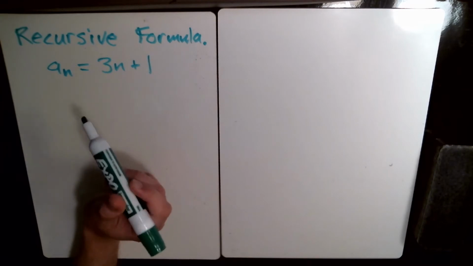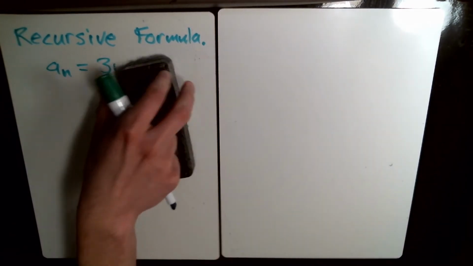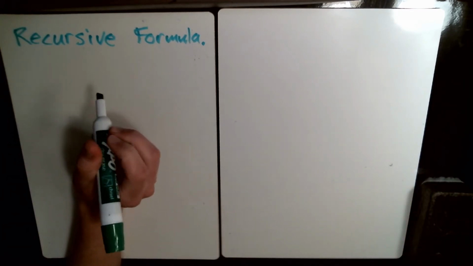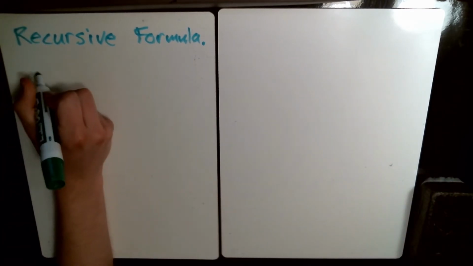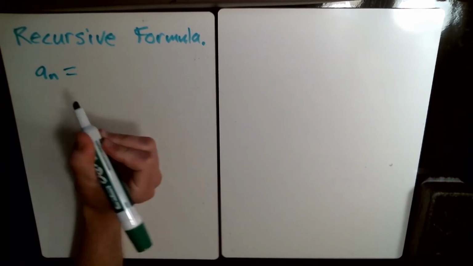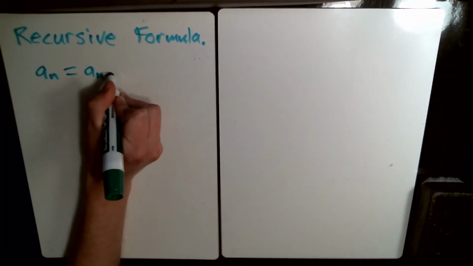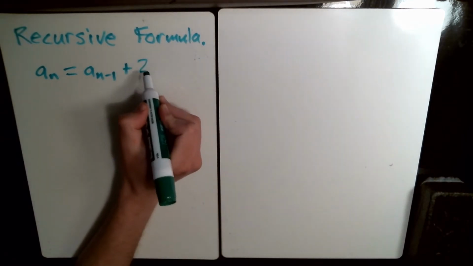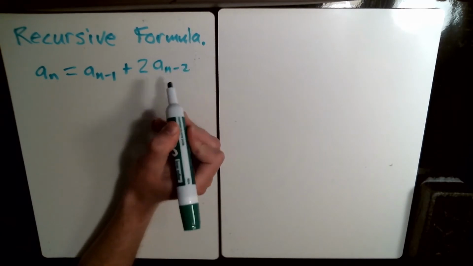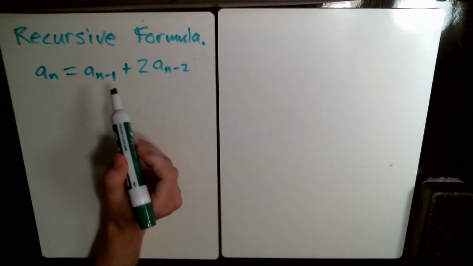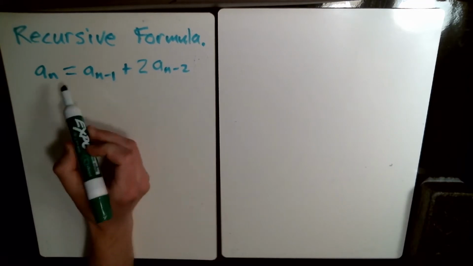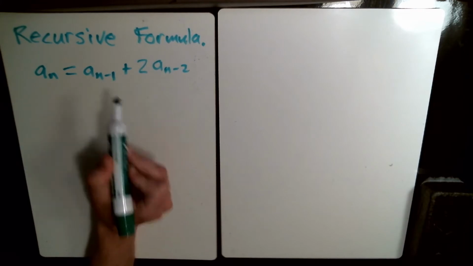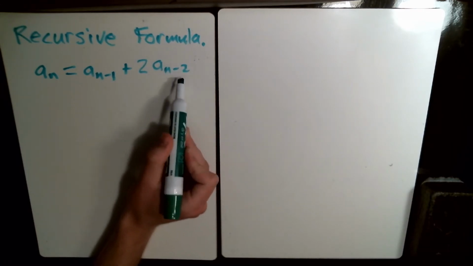But recursive formulas are not like this. Recursive formulas look a little bit different. They look like something like this, where you have a sub n is equal to a sub n minus 1 plus 2a sub n minus 2, or something along these lines, where you have previous terms. n is 1 bigger than n minus 1 and 2 bigger than n minus 2.